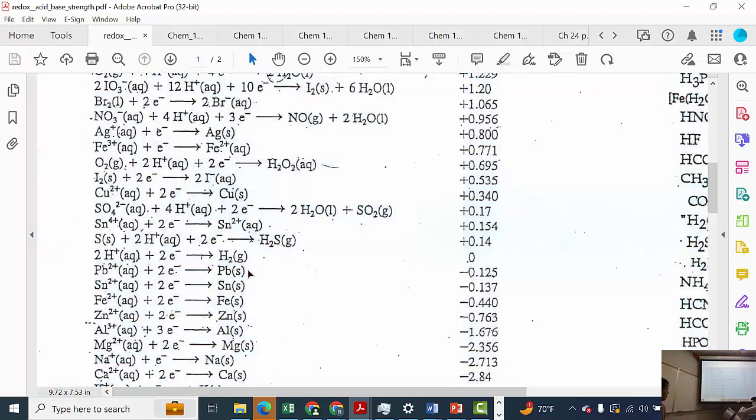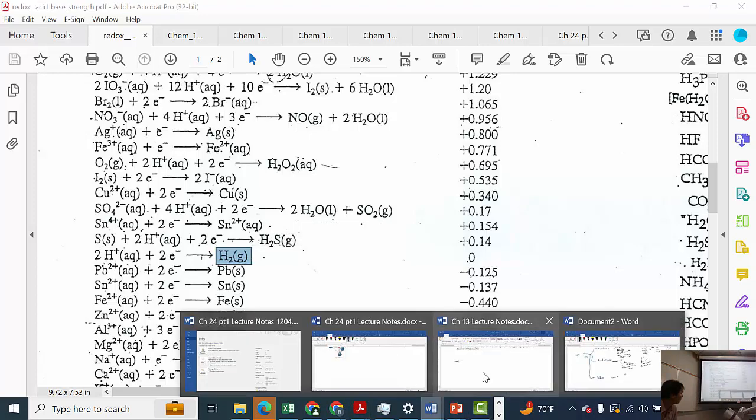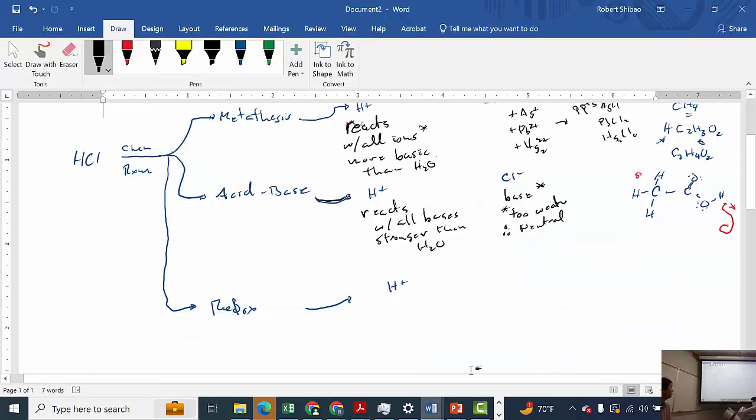And so how should we frame that? Well, this list is not comprehensive, so we should frame it how? How should we state that? H+ will react with all reducers stronger than hydrogen. Yes. H+ will react with all reducers stronger than H2. Put that here. So this is an oxidizer. This is acid.